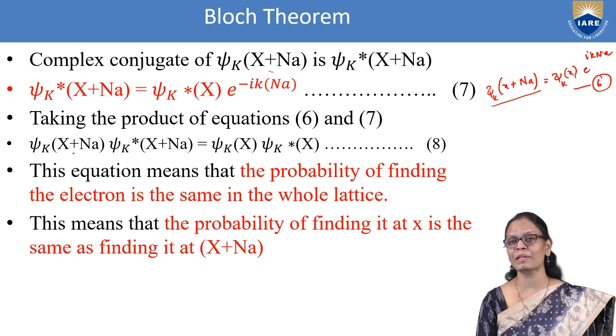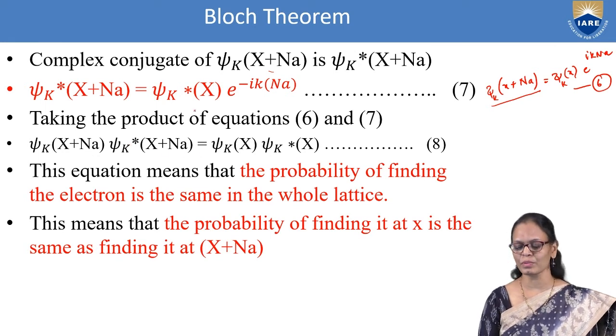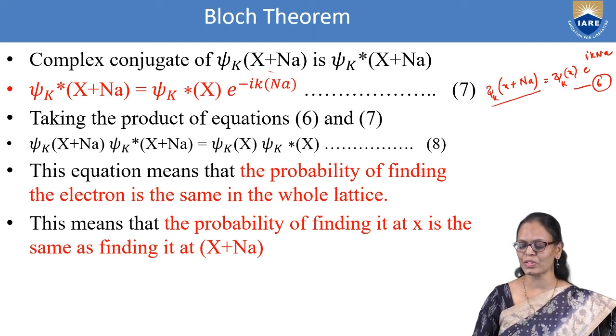So what will be the left hand side? psi_k(x + Na) into psi_k*(x + Na). This should be equal to, on the right hand side, psi_k(x) psi_k*(x). What happened to e^(ikNa) into e^(-ikNa)?